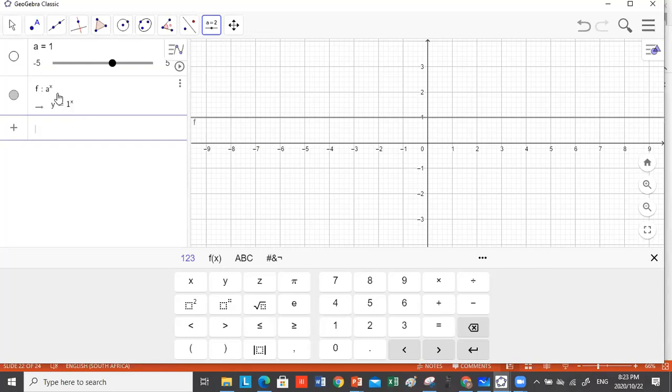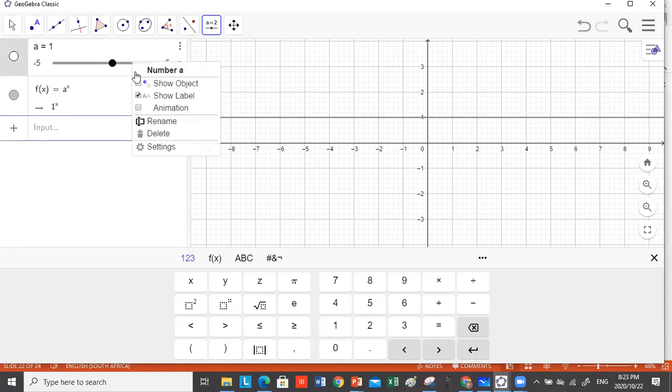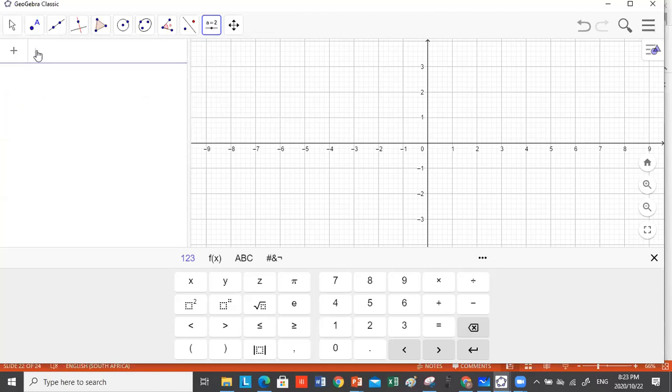Let's say x equal to 1. What is going to happen here? Let me just have another function here, which is y equal to a exponent x minus p, plus q.